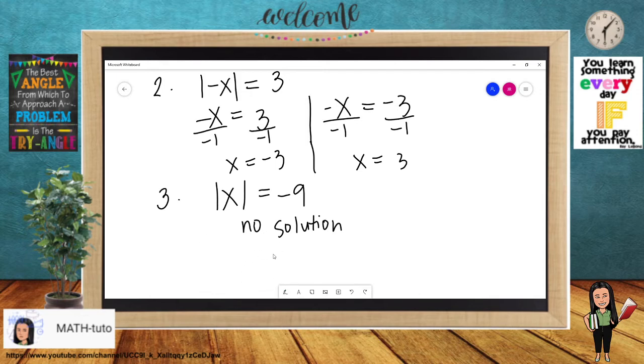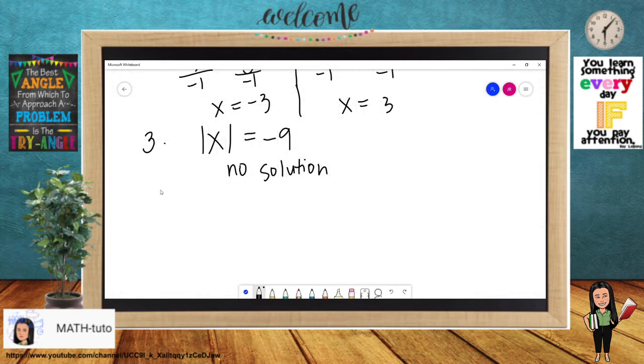Okay, sige, let's have another example. Number 4 na tayo. Negative absolute value of x equal to 4. Okay. So, ito, positive naman yung a natin in the equation absolute value of x equal to a.